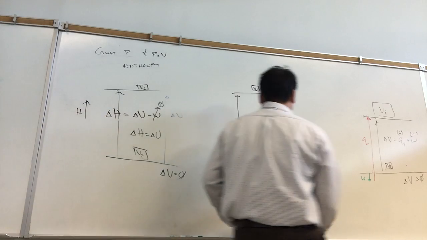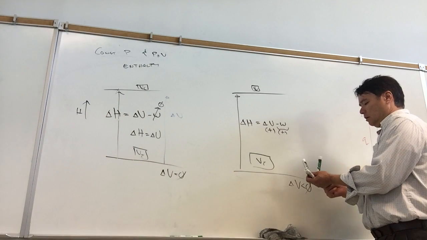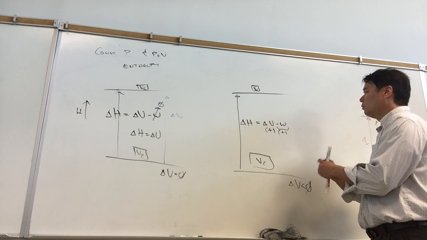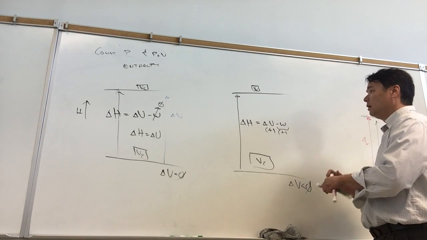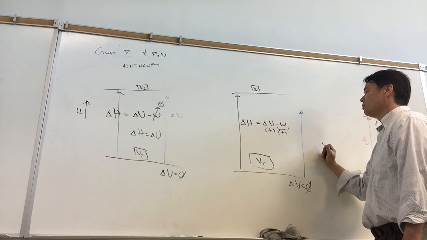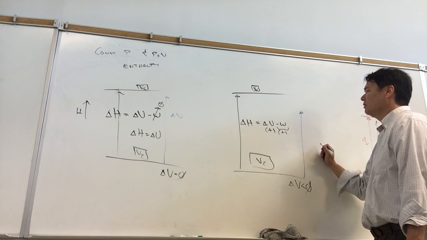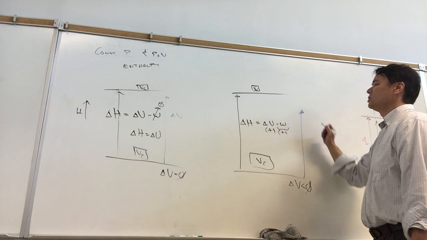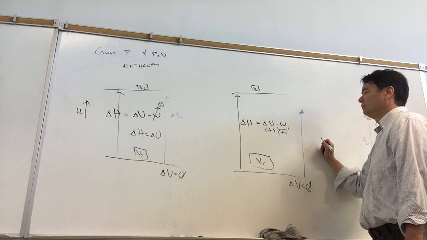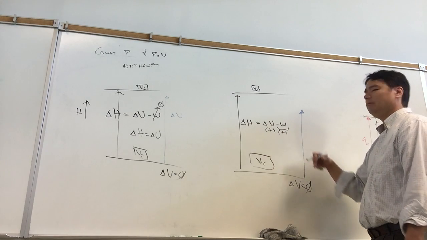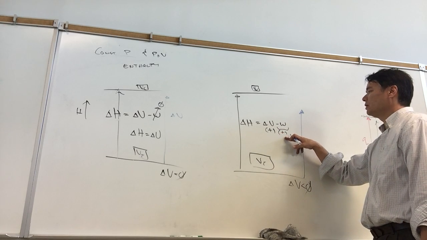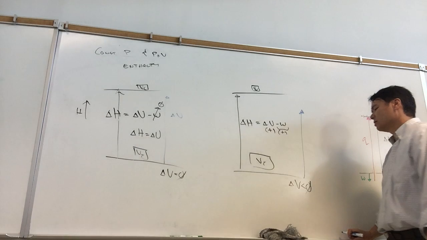And so how should we read this? Well, the way we could read this is that delta U is the total energy, and so we have to pay even more than the total energy. Why do we have to pay, or do we have to pay more? No. Delta H. This is going to be delta U, and then the work term is going to be, actually, what is the work term going to be?